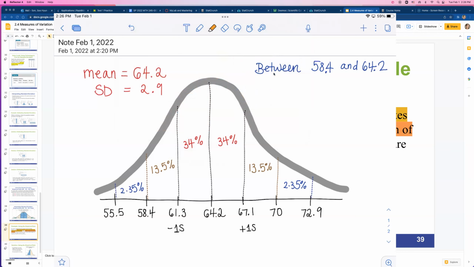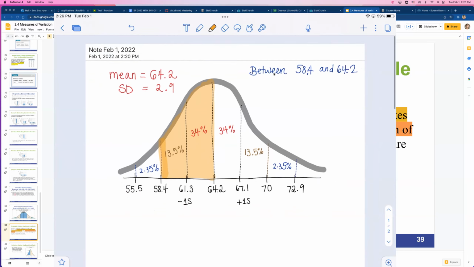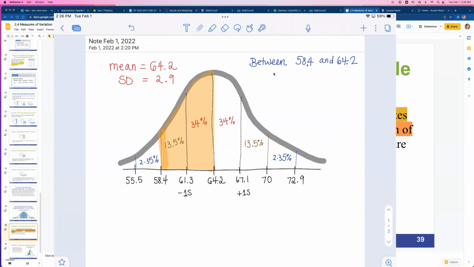I like orange. So 58.4 is right here, and from here to how far? 64.2. Oh, you know what? It's just this one and this one together. So how would you find the answer? I can see it because my picture is so perfect. The answer is going to be 13.5% plus 34%.